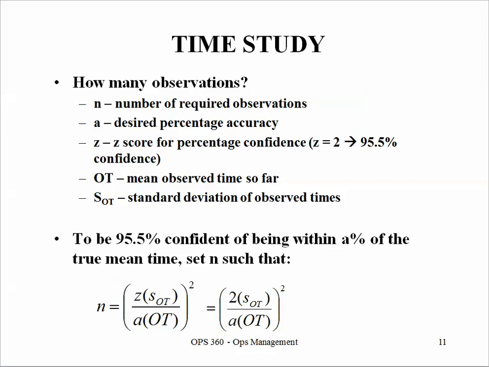Now, in that example, I just said that we needed 30 observations, but if I took my 30 observations and calculated my average, if my standard deviation was really, really high, I might not have a lot of confidence in that average. So it might be worthwhile to go through this calculation here to see if I've really got a sufficient number of observations required to give me my desired accuracy.